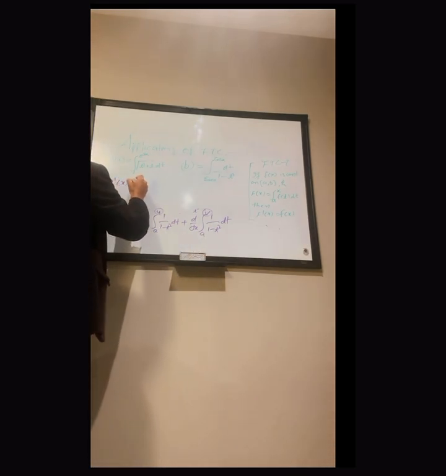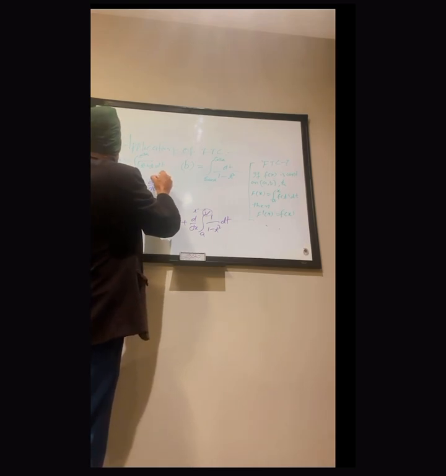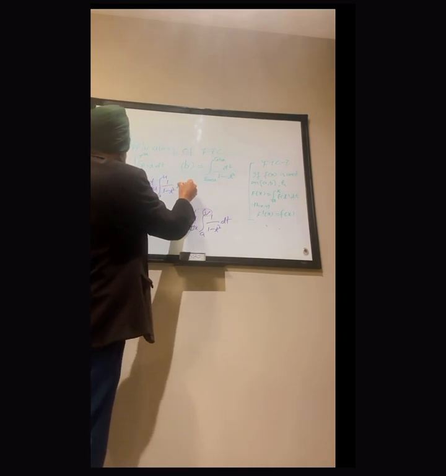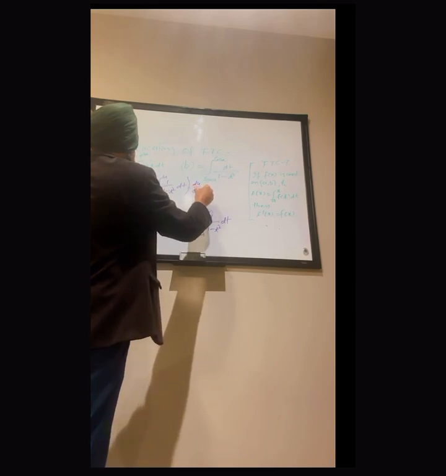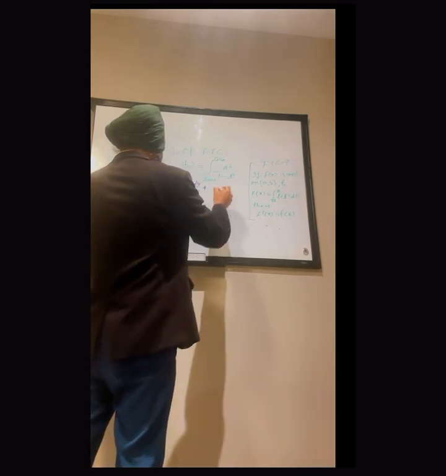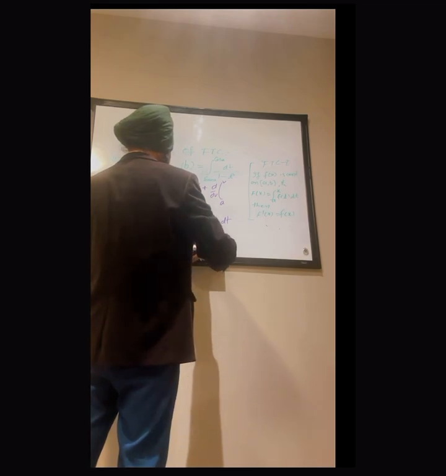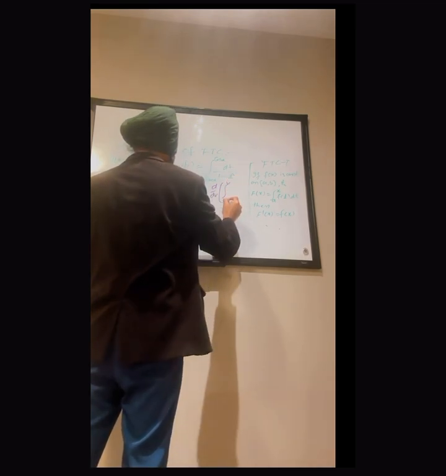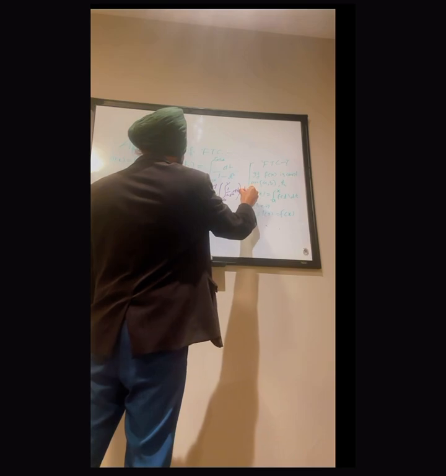R dash x is equal to negative d/du of the integral from a to u of 1 upon 1 minus t squared dt, into du by dx, plus d/dv of the integral from a to v of 1 upon 1 minus t squared dt, into dv upon dx.